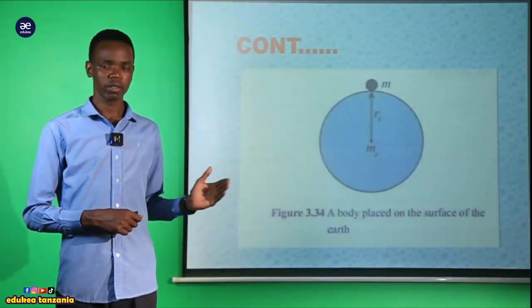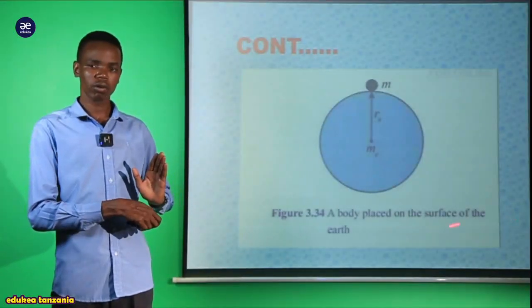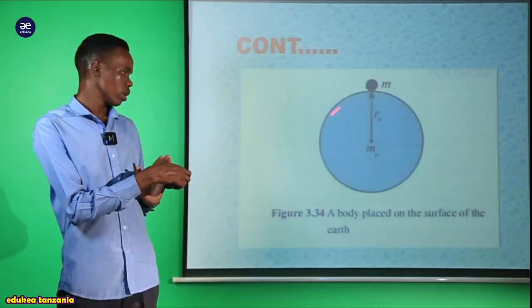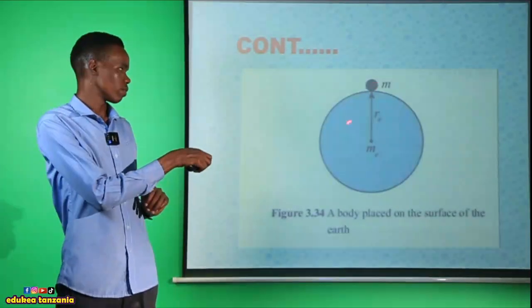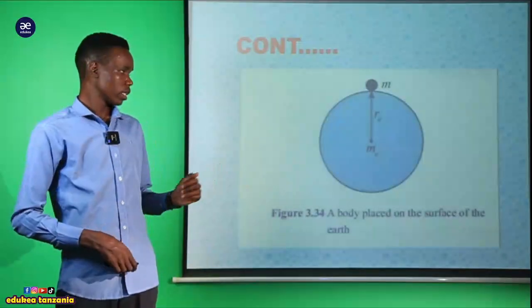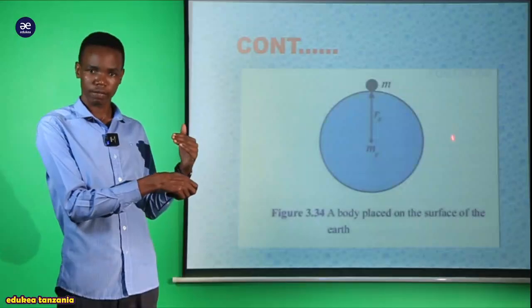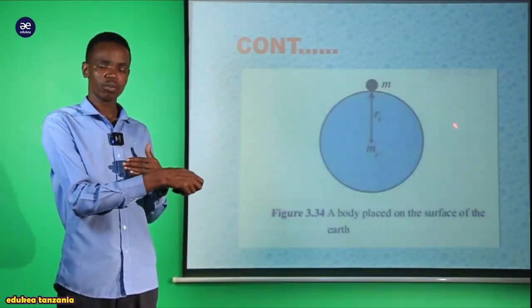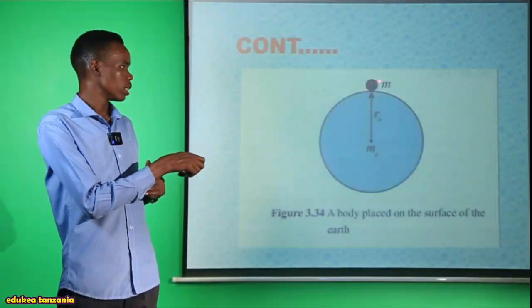As you can observe on our figure here, containing the sphere, we have the surface of the Earth. But this mass m is placed on the sphere, and it tries to move around the Earth in an orbit.